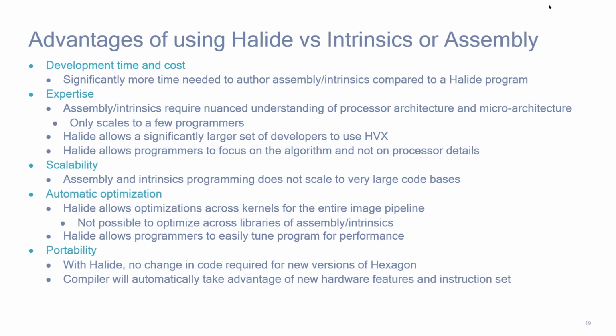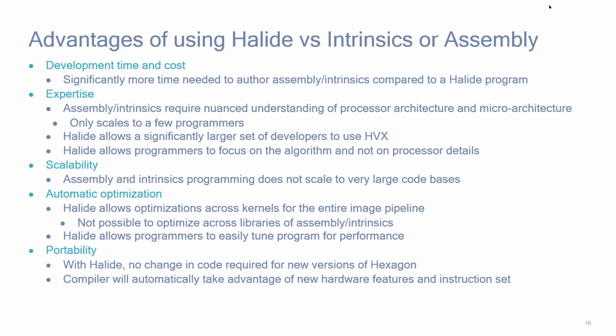Also, how many architectures will they learn? So this limits the number of programmers available. Halide allows the programmer to focus on the algorithm and not on processor details.